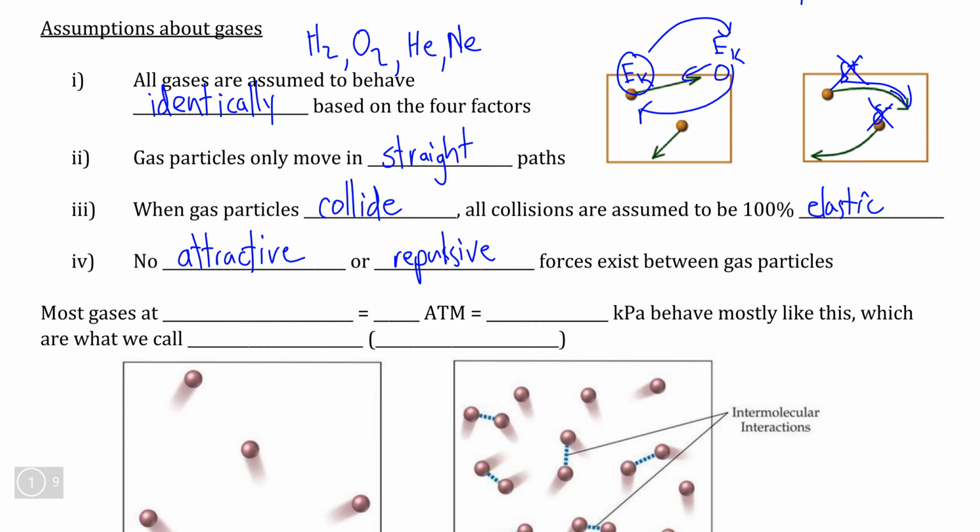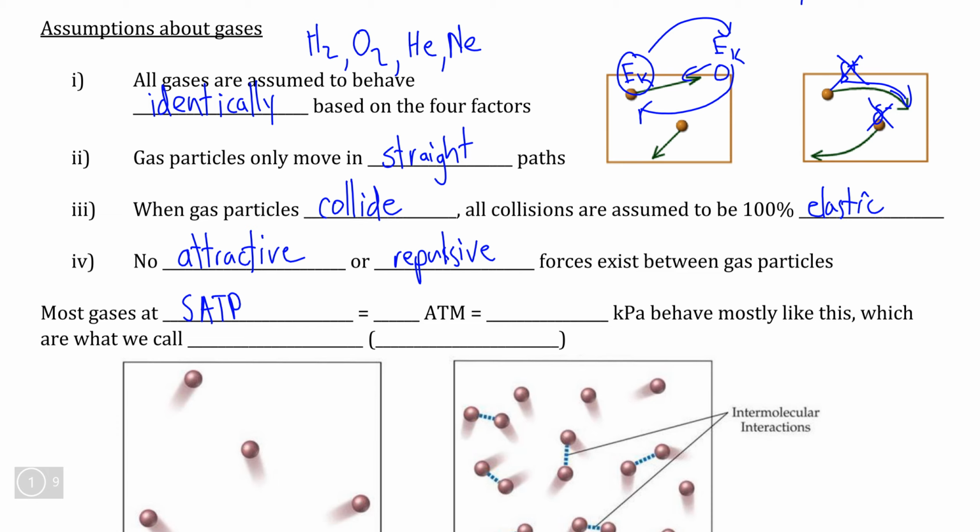Now, these sound like pretty big assumptions, but we make these for a good reason. We make these because we do most of our research and experimentation of gases at what we call standard atmospheric temperature and pressure, or SATP for short.